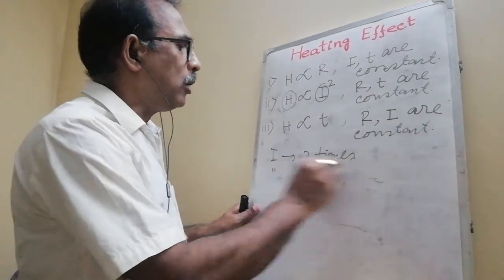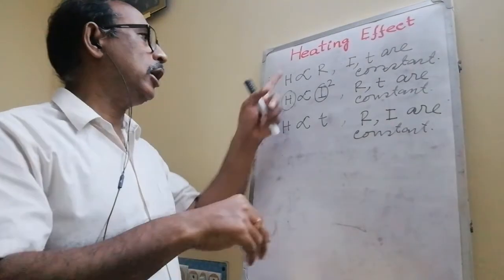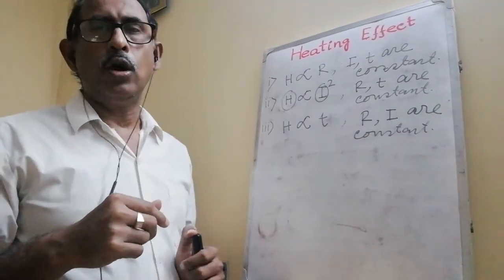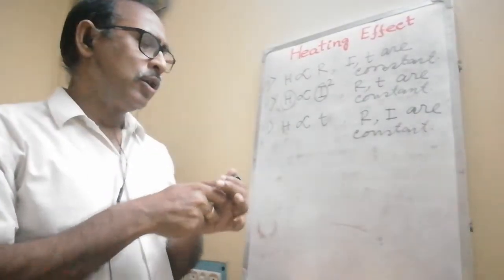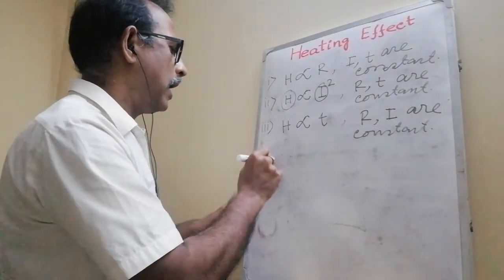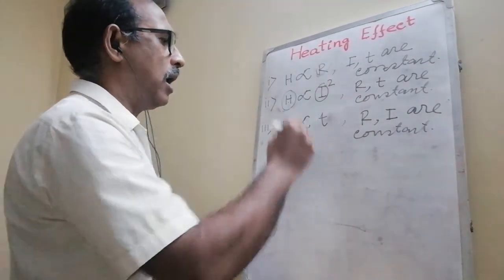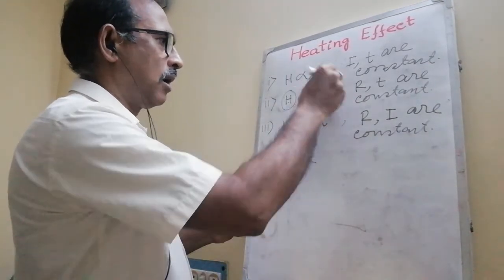Now, if you join these 3 laws by the joint variation rules, then what do you get? You get H is directly proportional to R I²T.